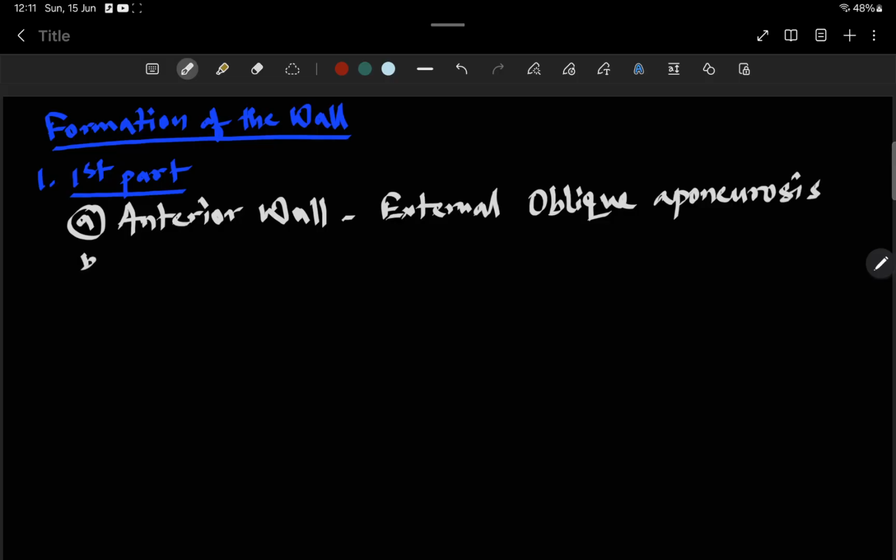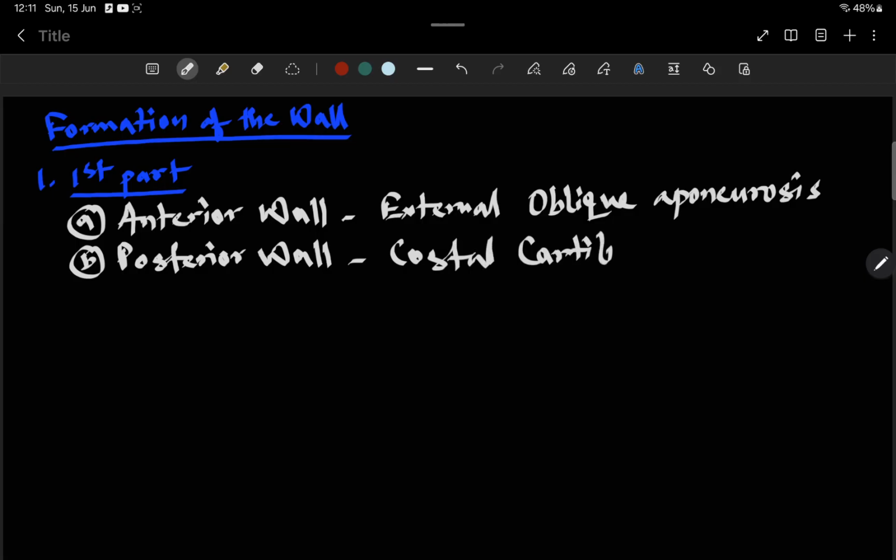B, the posterior wall, is the costal cartilages.